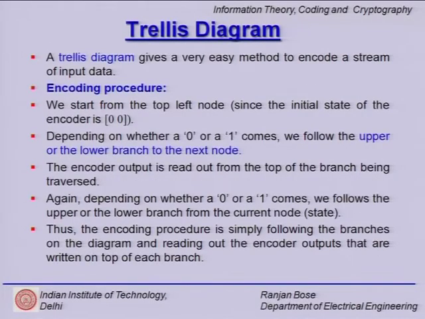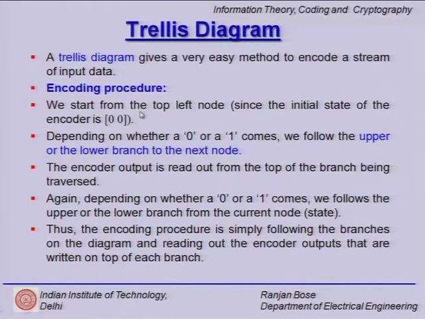So, this trellis diagram can be used to encode the input bit stream very easily, because we already have the time axis built in. It is not so with the state diagram, where we have the same information, but not represented along the time axis. So, encoding is very simple.